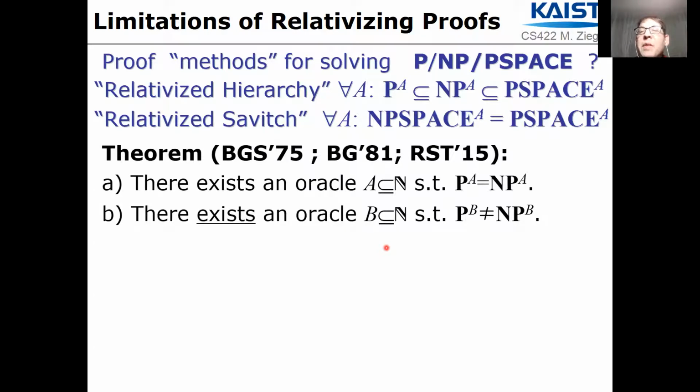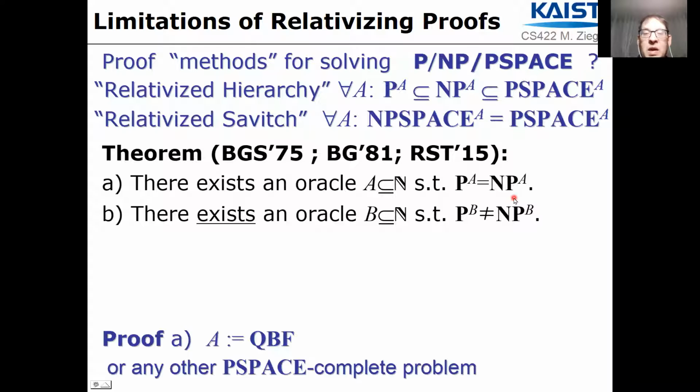And same for NP with a PSPACE oracle. Again here, the non-determinism can be simulated by PSPACE, and PSPACE with a PSPACE oracle is still only PSPACE. So when A is a PSPACE-complete problem, then these two are equal. For example, quantified Boolean formula, we recall we proved to be such a PSPACE-complete problem. So that was kind of easy.